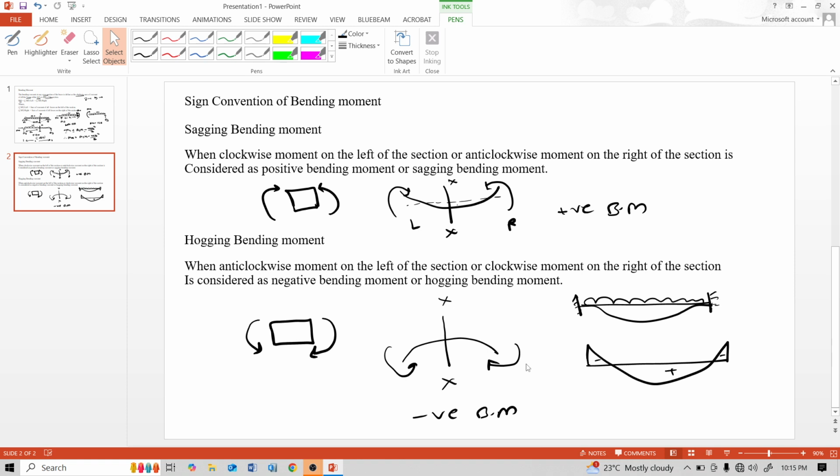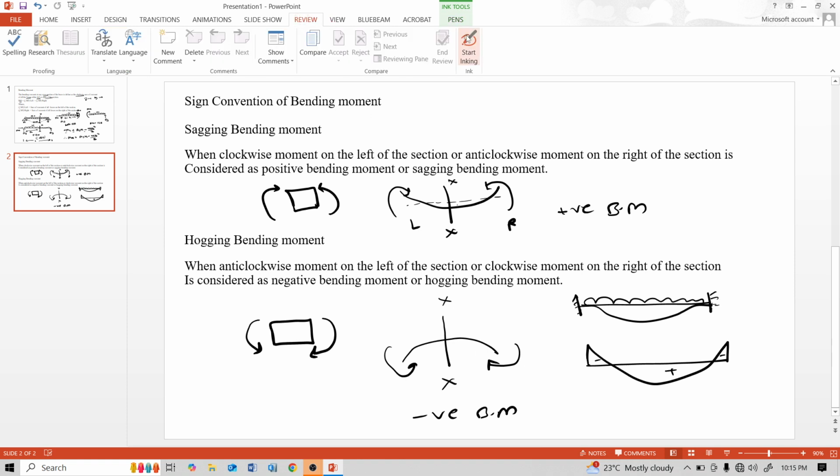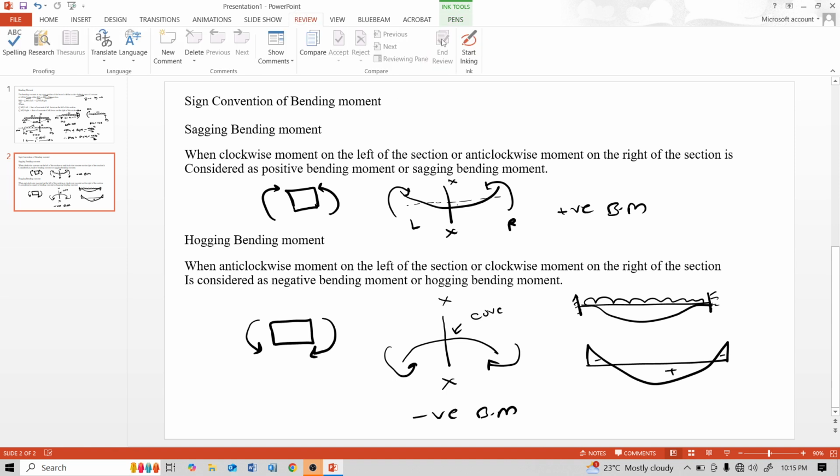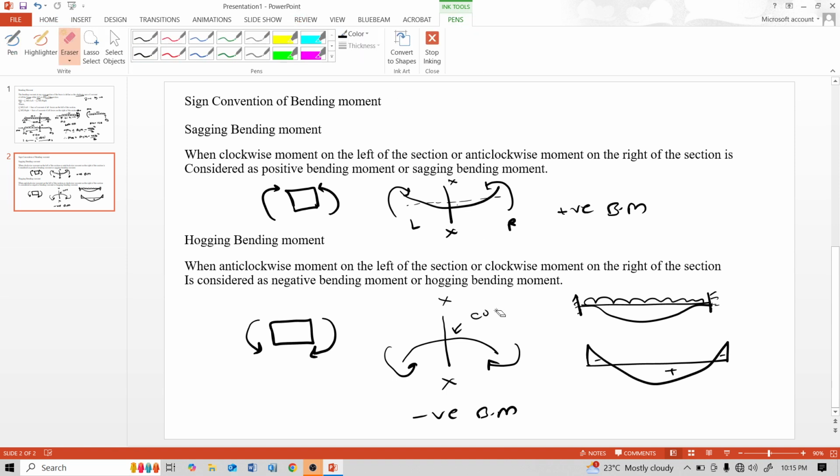Convexity above the center line is sagging. Here, for hogging bending moment, this is concavity above the center line of the beam, and here convexity above the center line of the beam. Thank you very much.